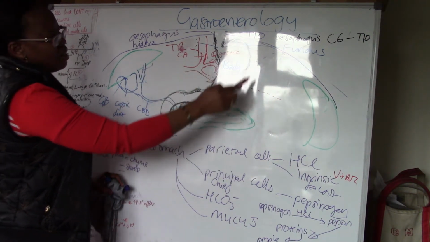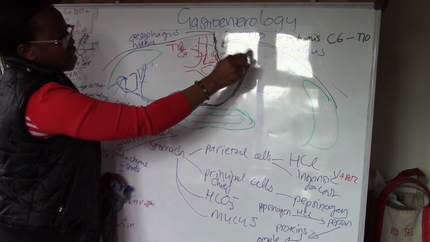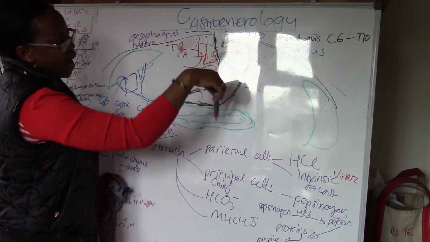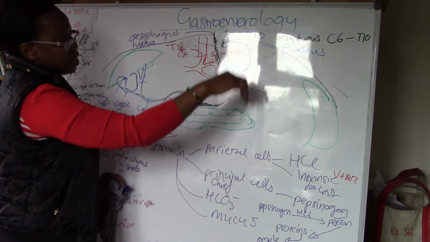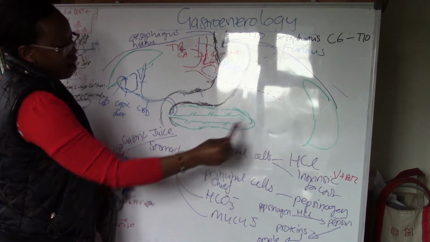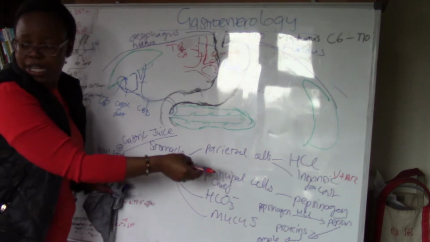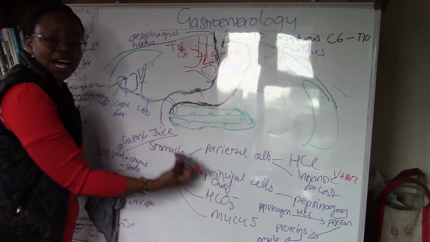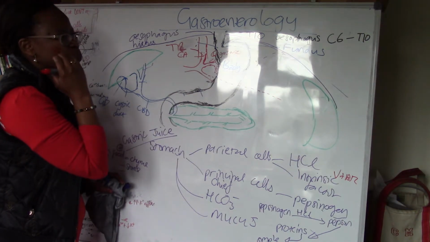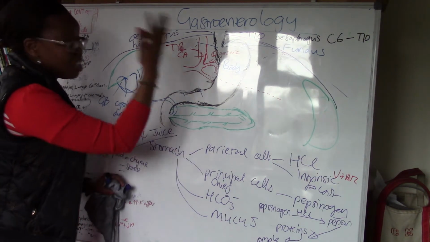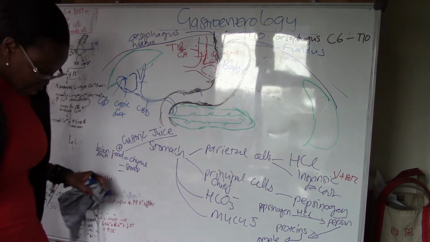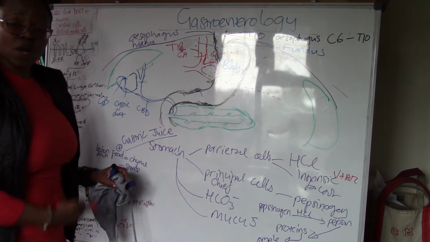The greater curvature has the greater omentum, which hangs down and covers the spleen, also attaching to the transverse colon, and just hangs at the anterior end of the stomach.